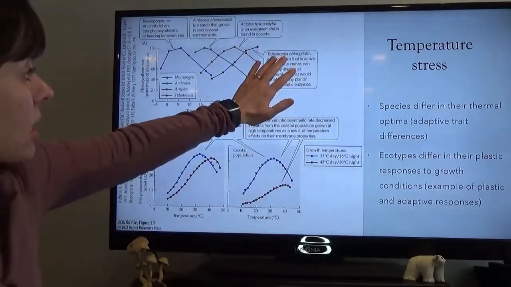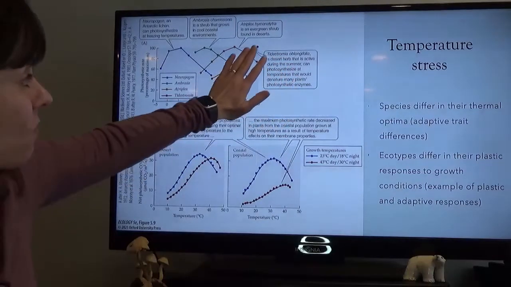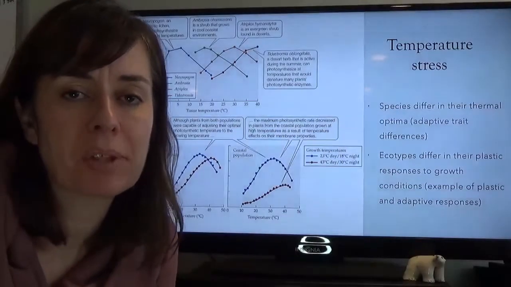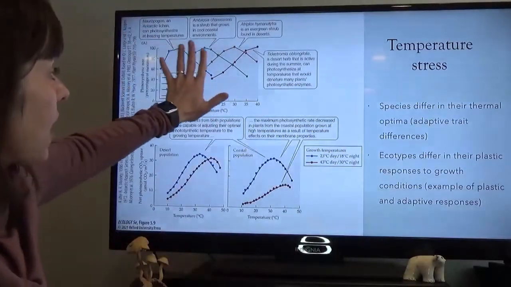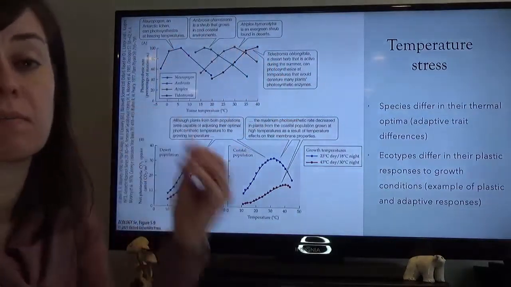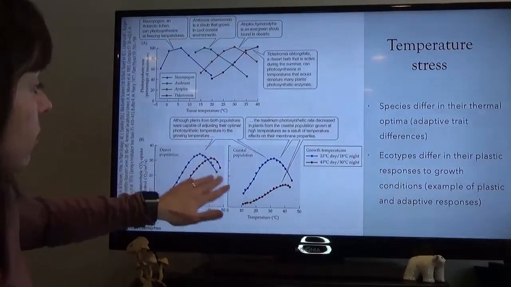And then we have Tidestromia, a desert herb, which can function at temperatures that would denature proteins and enzymes in many plant taxa. So we have this incredible diversity of responses to temperature that are a function of the environment that the plant has to grow in. But we can also see ecotypic divergence.